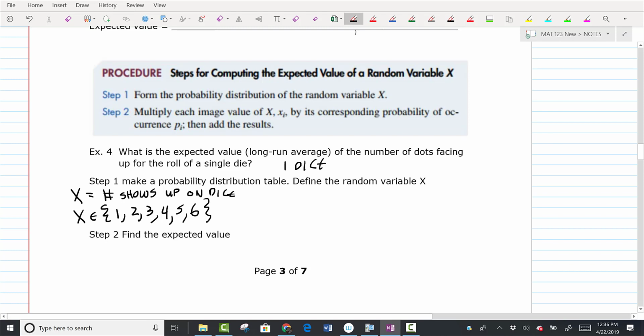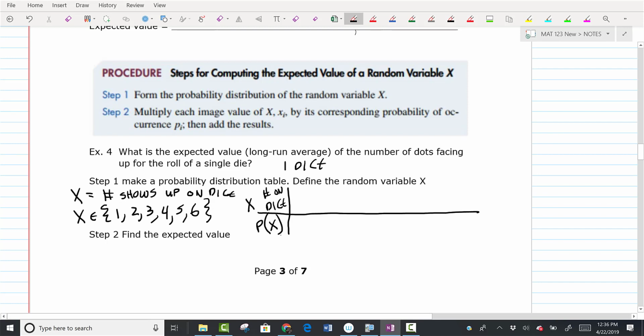Now what we're going to do is a probability distribution table to get this put together. On your probability distribution, you're going to have X, so that's the number on the dice, and then the probability of that happening.